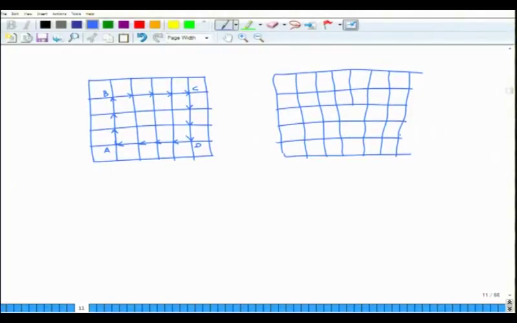Now if we again do this circuit, this is called the Burgers circuit. We start from this point. So this is the perfect lattice.